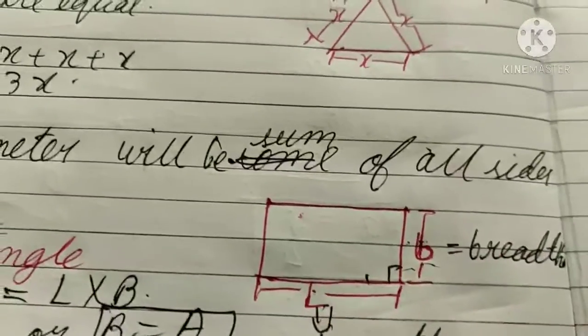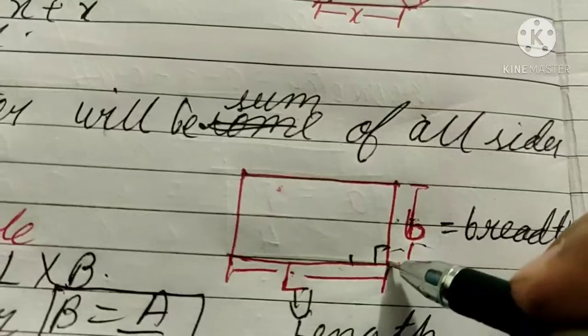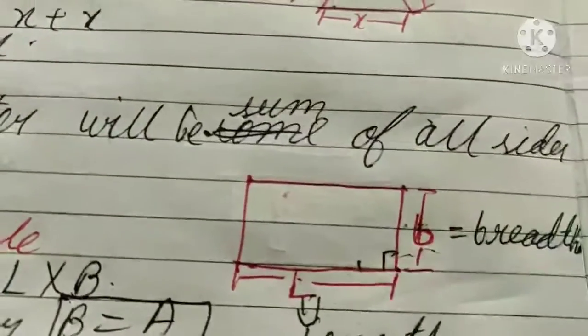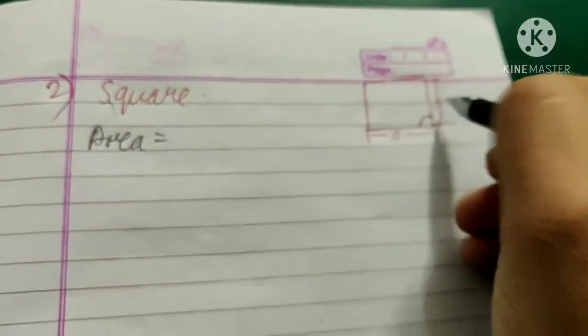Adjacent means the sides that start from the same point and go in different directions. So here it is A and A.